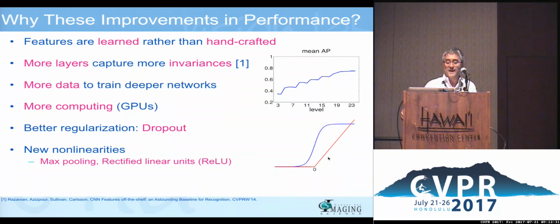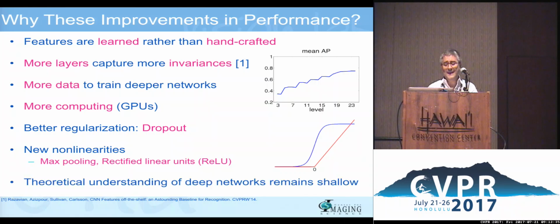And so there has to be a better explanation for some of these phenomena. And last but not least, people have also observed experimentally that the number of weights sometimes is 0, or you end up with networks with a couple of weights that are different from 0. So I think it's fair to say that by and large, and with a few exceptions, the theoretical understanding of why deep networks work remains very shallow.